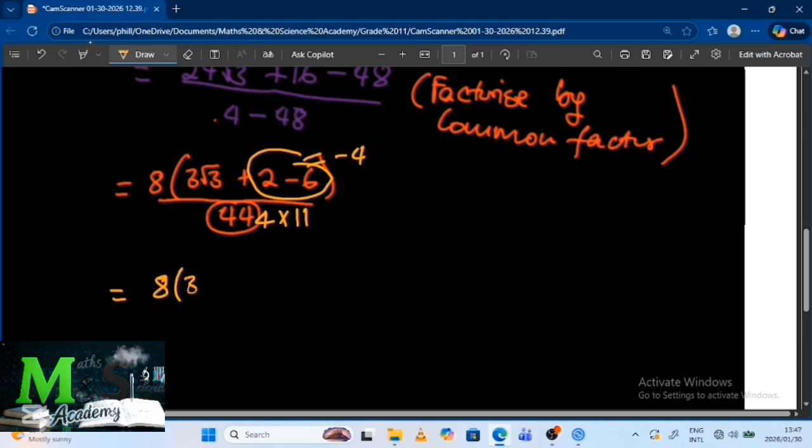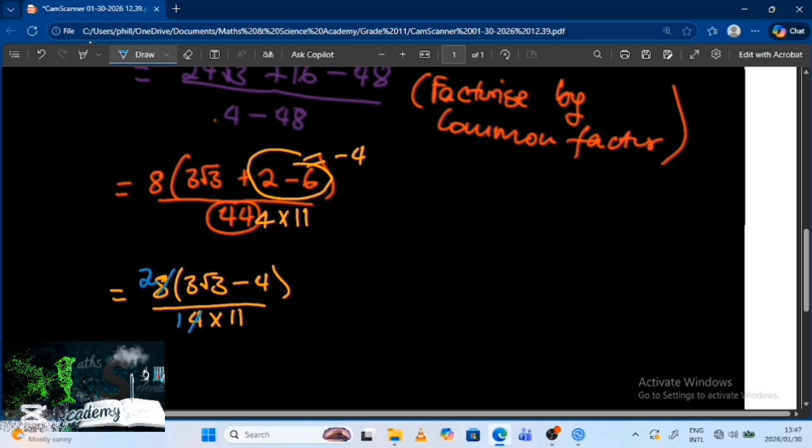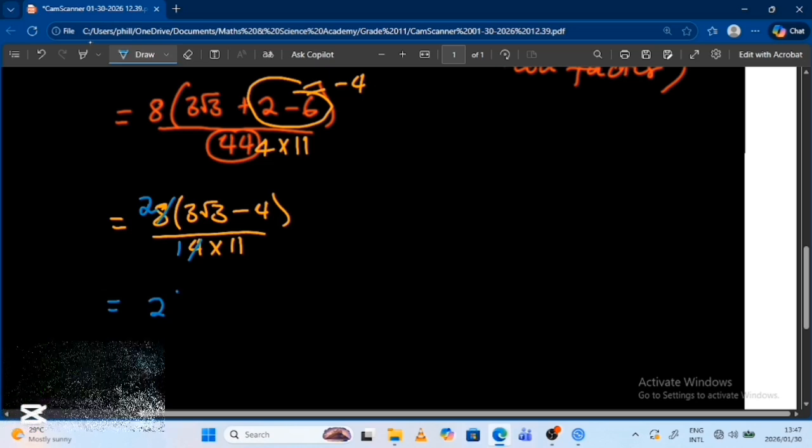So we can rewrite the whole thing as 8 into 3 root of 3 minus 4 all over 4 times 11. Going even further, we can divide 8 over 4, giving us 2 over 1, since 4 goes once into 4 and twice into 8. Therefore, our final answer is 2 into 3 root of 3 minus 4 all over 11.